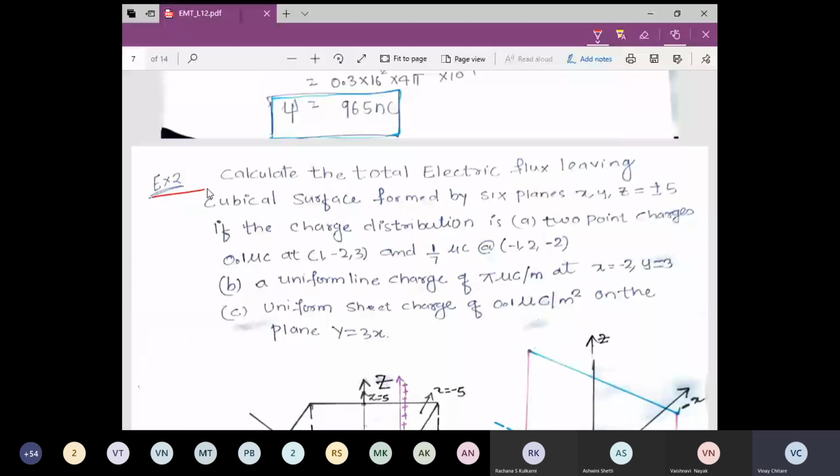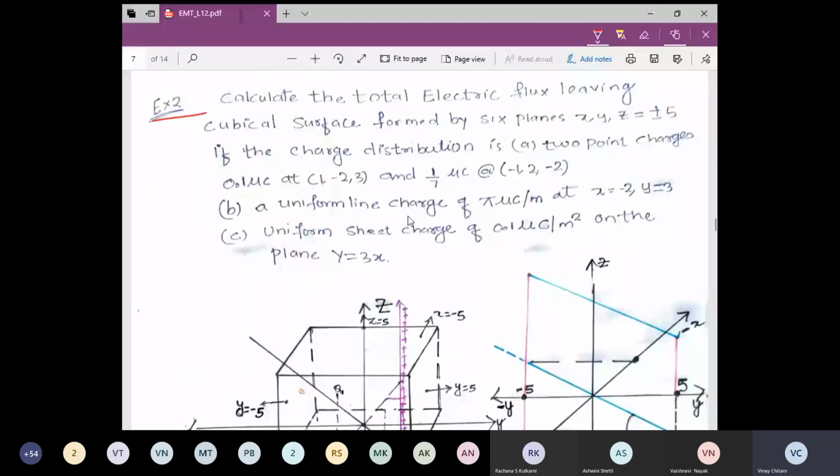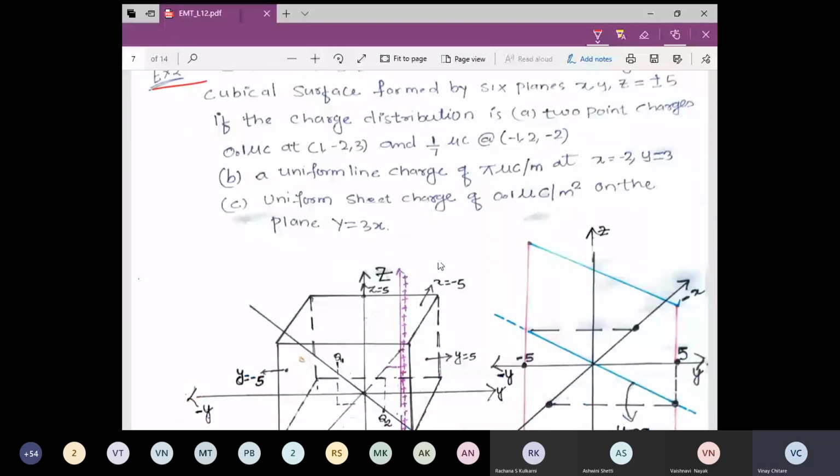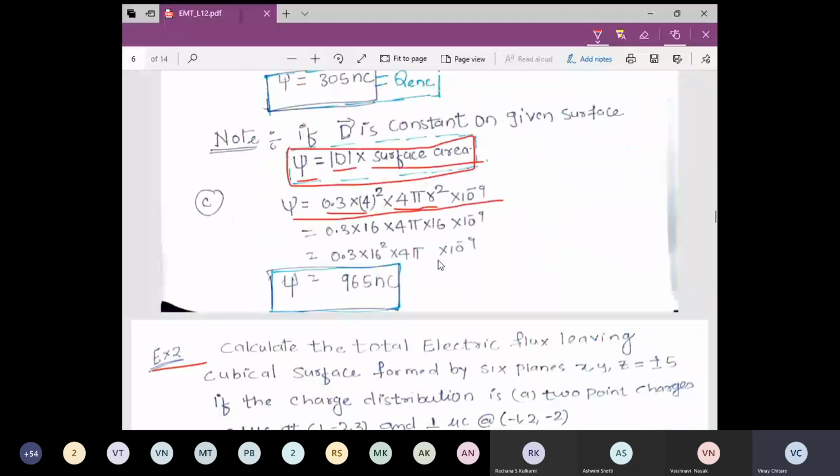In the second problem, they have given the charge enclosed inside a closed surface. You should clearly observe the difference between problem number one and problem number two.